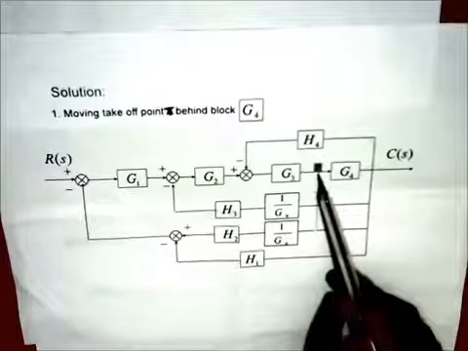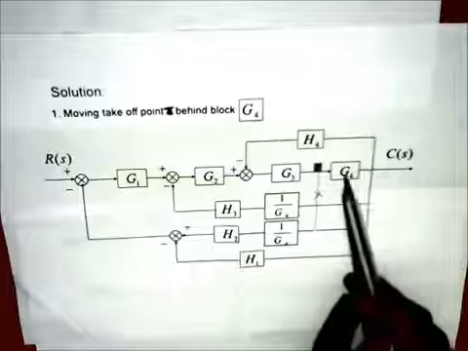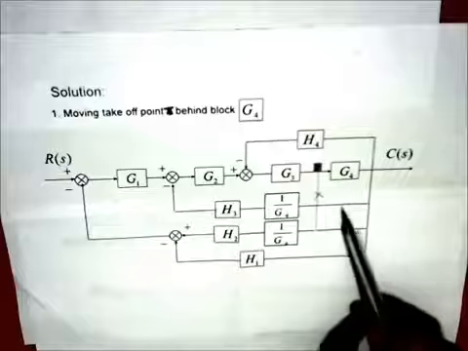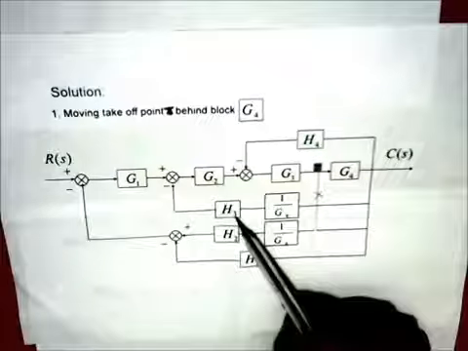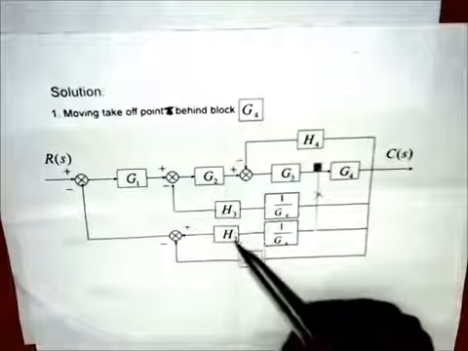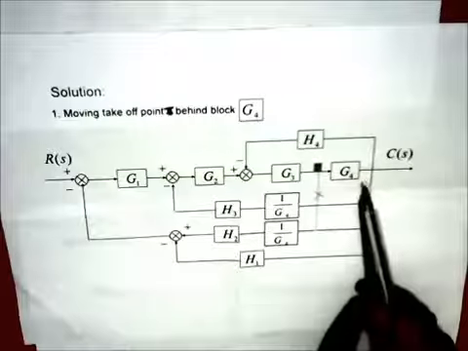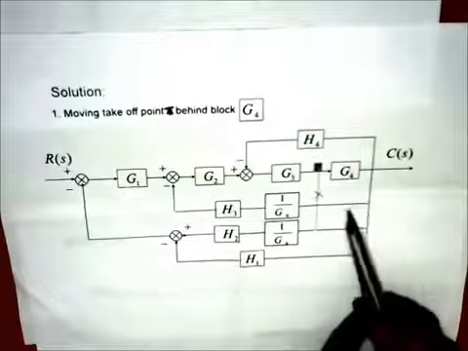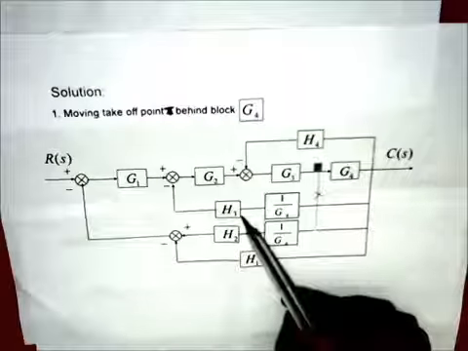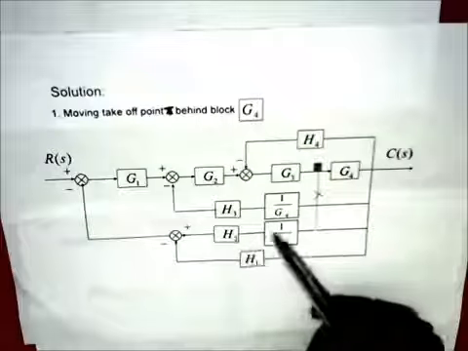When we move this takeoff point behind G4, the effect of G4 goes back in the feedback blocks, so a block needs to be put in the H3 feedback path and the H2 feedback path.